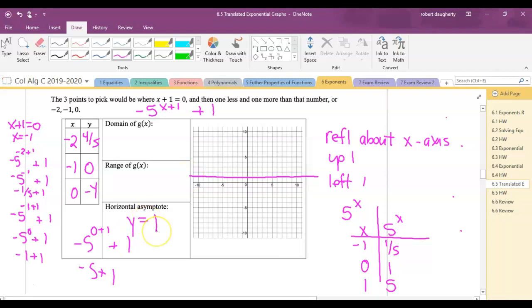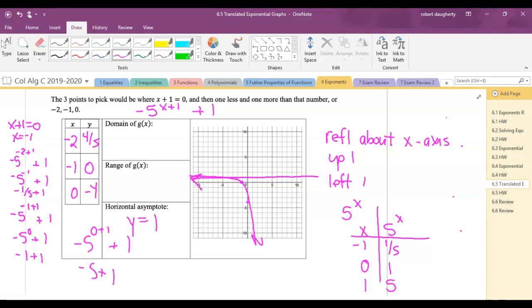Okay. I graph negative 1, 0; 0, negative 4; and negative 2, 4/5. So somewhere right here. So you see this happening.